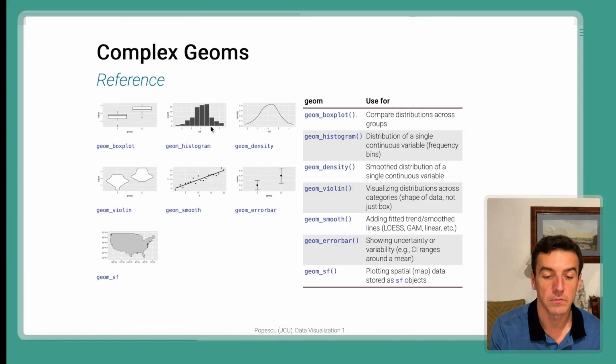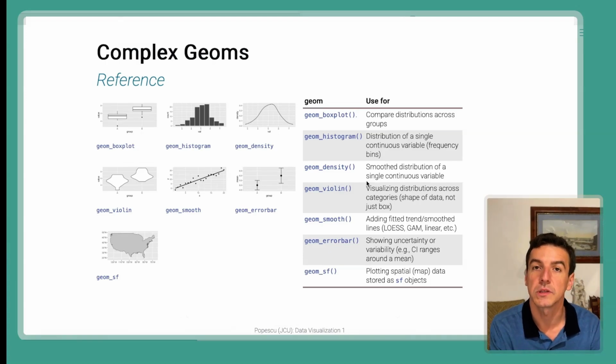A histogram is something that allows us to see the distribution of a single continuous variable. A density plot allows us to see the smoothed distribution of a single continuous variable. Violin plots allow us to look at distributions across categories, so similar in a way to density plots.